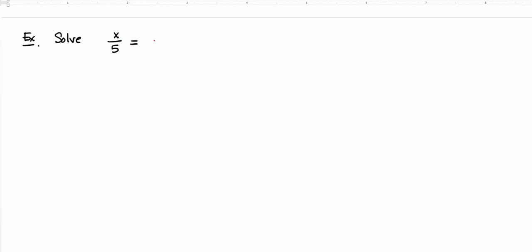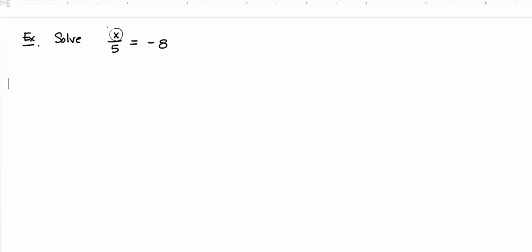Okay, let's do one more example here. Solve x divided by 5 equals negative 8. Again, I want to get x by itself, and here what am I doing? I'm taking x and I'm dividing it by 5.